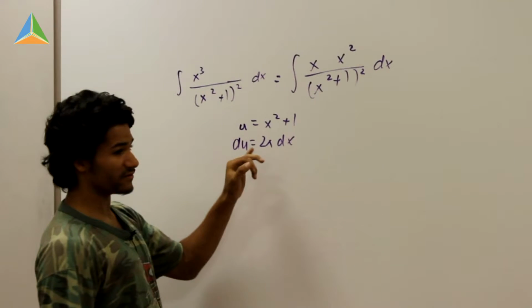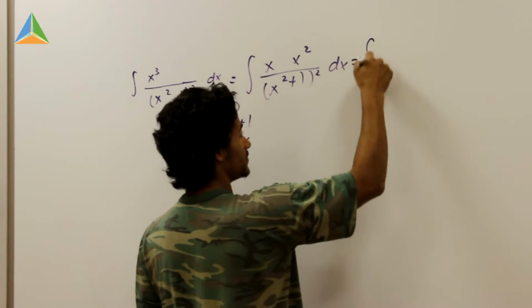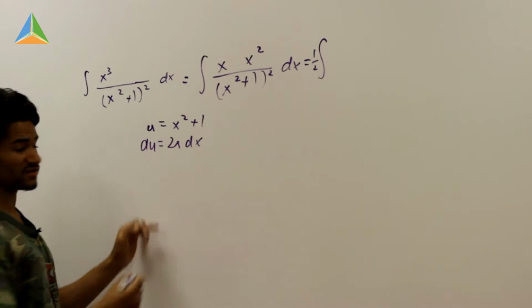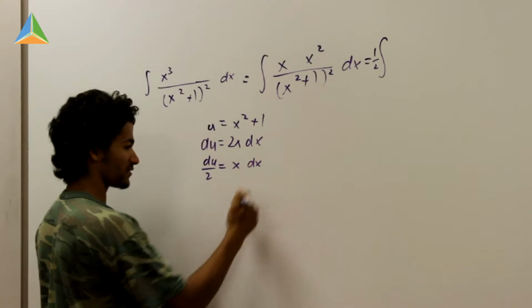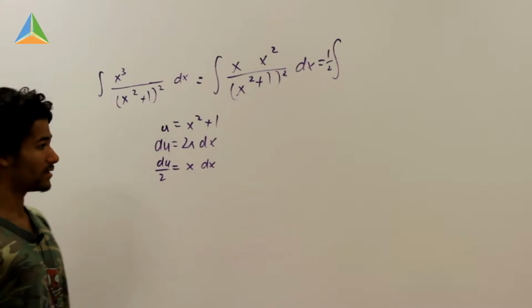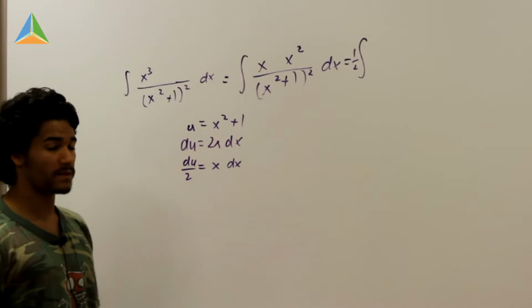And since we don't have a 2, we must compensate in our simpler integral by writing a 1/2. And this is because du divided by 2 is just x dx, which is exactly what we got going on here.